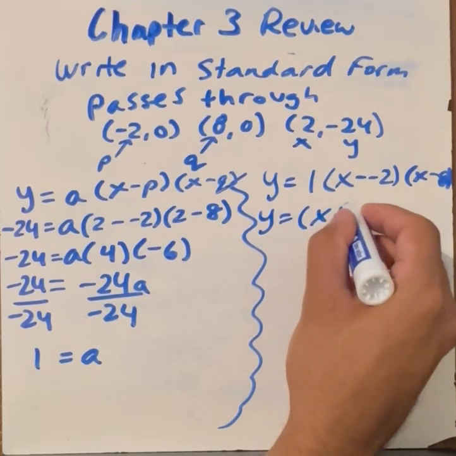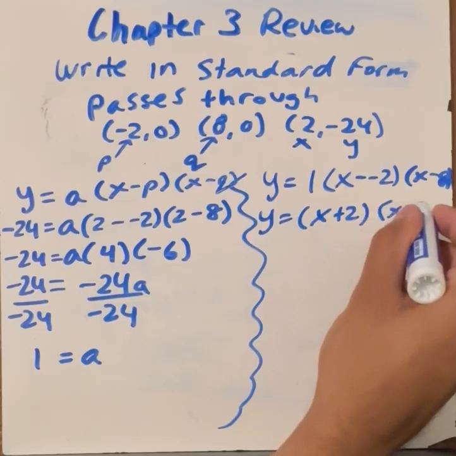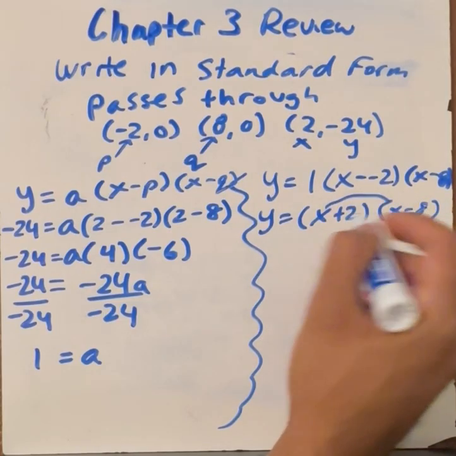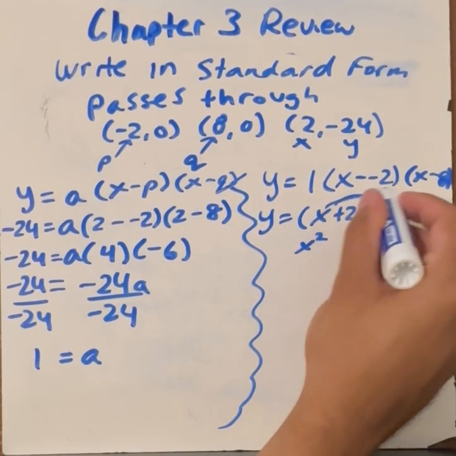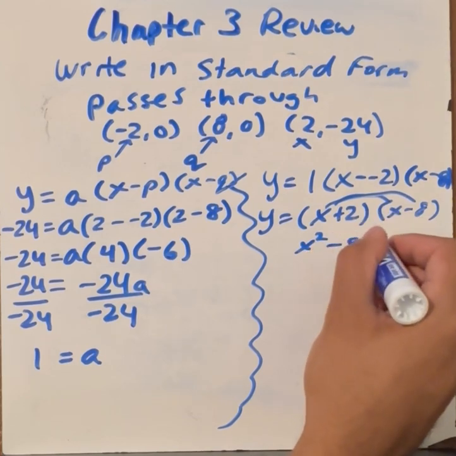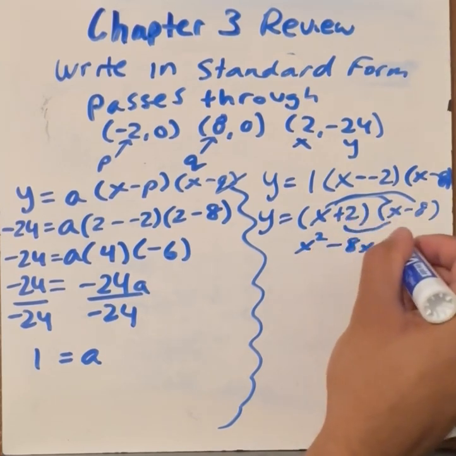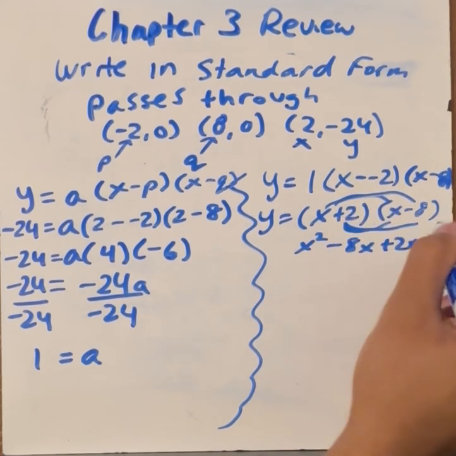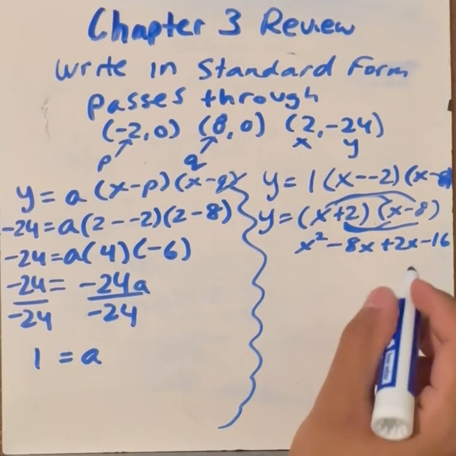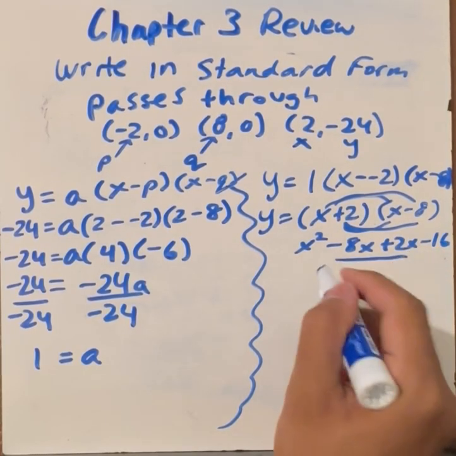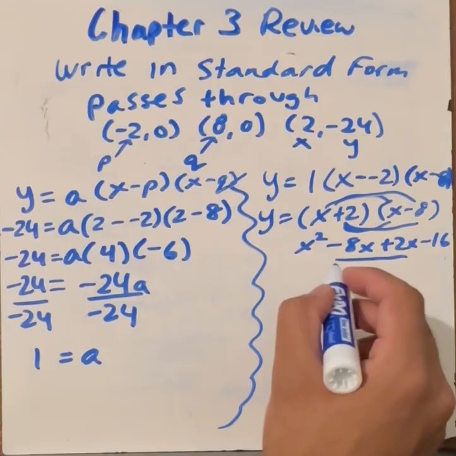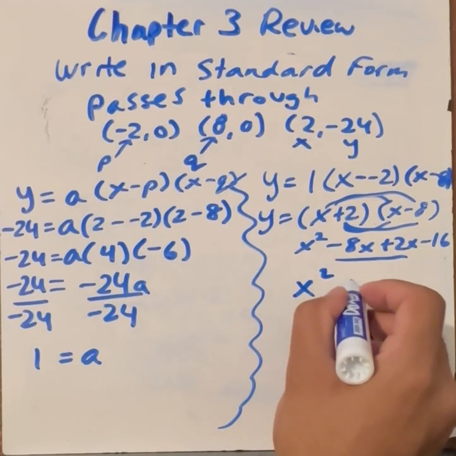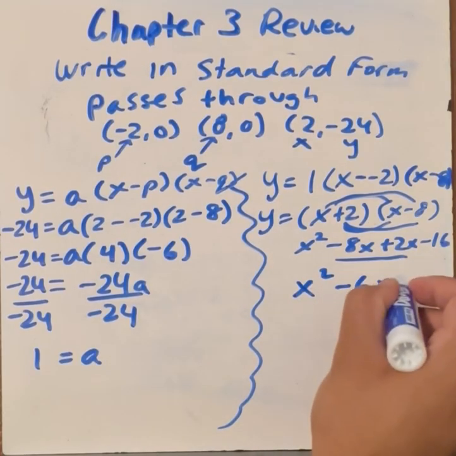So x plus 2, x minus 8. We can FOIL this, so x times x is x squared. x times negative 8 is negative 8x. 2 times x is plus 2x. And 2 times negative 8 is minus 16. We can combine these terms right here, and we get x squared minus 6x minus 16.